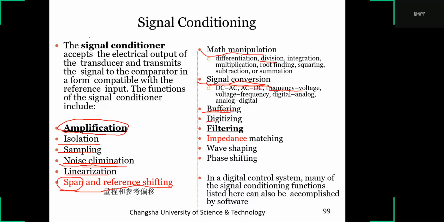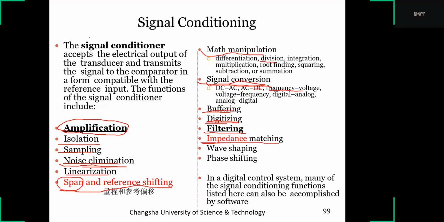Digitizing: changing the signal code from one kind of code to another code. Filtering: clear the noise.